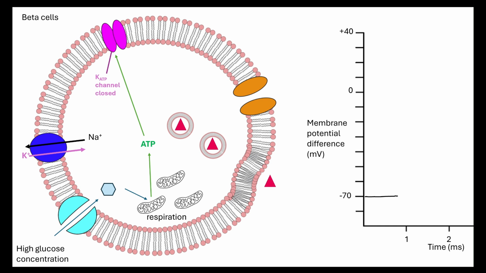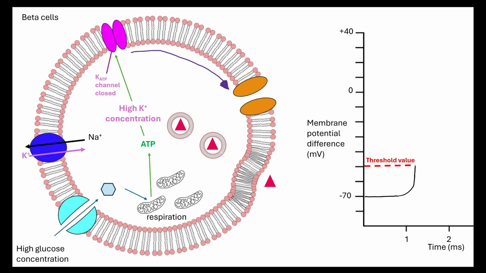Well, if the channel is closing and our sodium-potassium pump was pumping the potassium into the cell, there is now going to be a high concentration of potassium inside the cell and it cannot leave. The doors have been closed, the channel is closed.